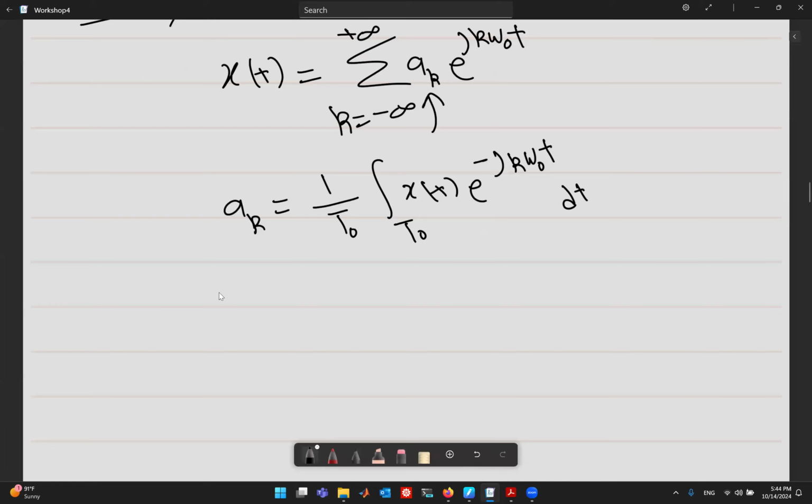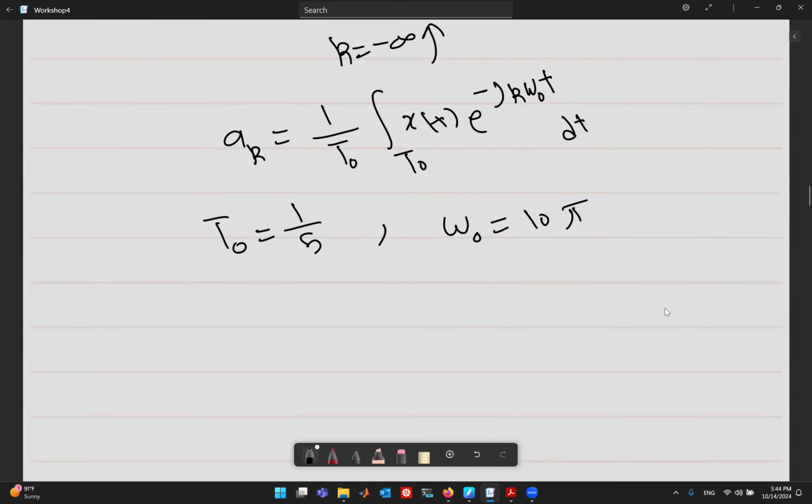So we have T naught is 1 over 5, and omega naught is 10 pi. So if we substitute this omega naught here, we get 1 over 5, which is the period. And then the integration, we can do it from minus T naught divided by 2 to T naught divided by 2. We can do it from 0 to T naught.